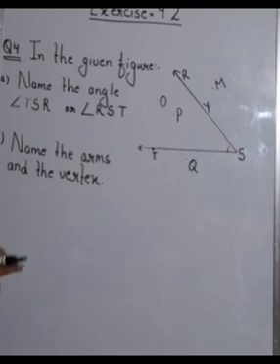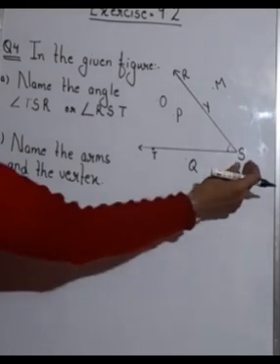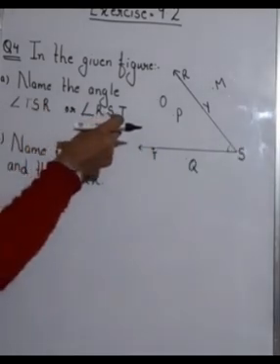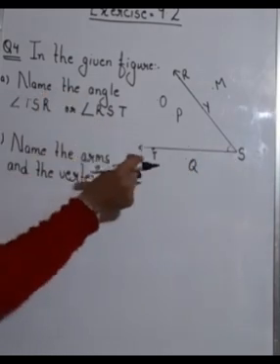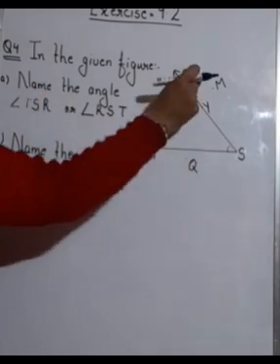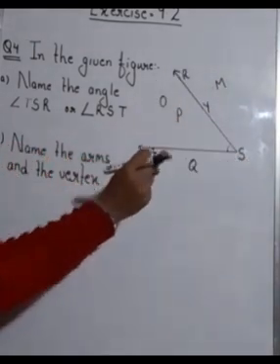The only thing you have to keep in mind is that this vertex should be written in middle where the angle is forming. So the name of the angle will be angle TSR or angle RST.